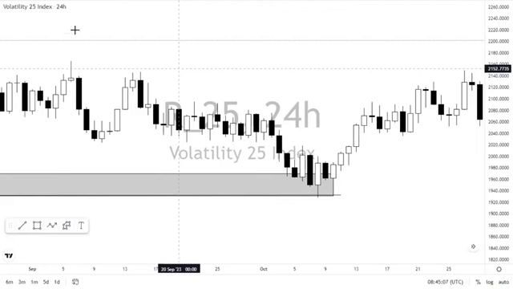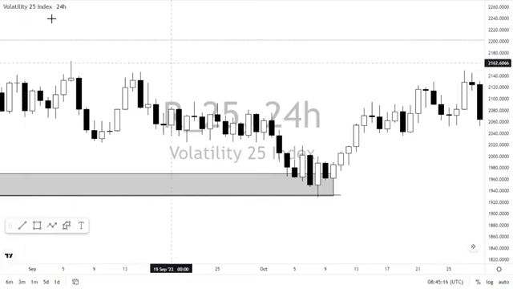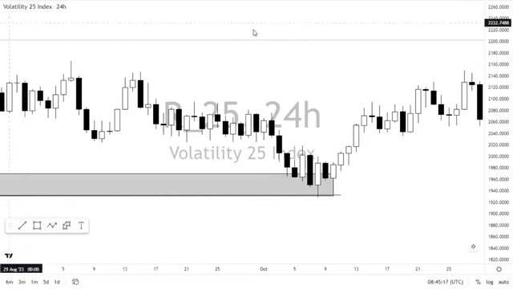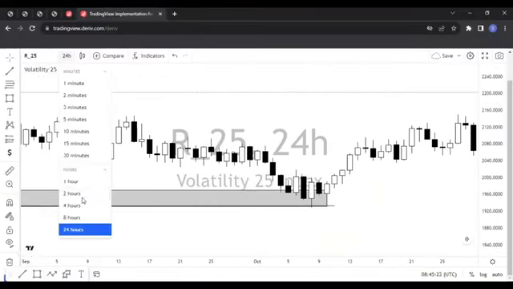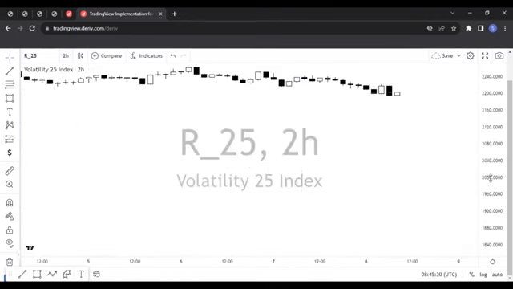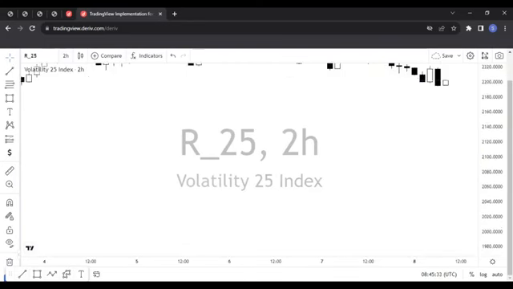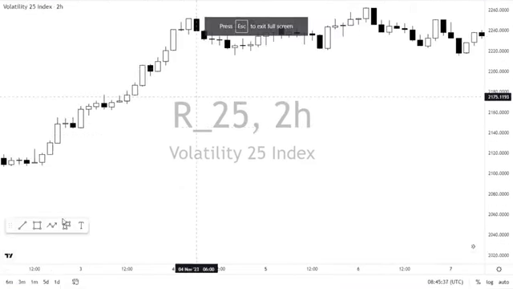If we check other time frames, let's check our 4 hours time frame. This is 8 hours, this is 24 hours. Let's just check the 2 hours time frame, and you'll notice that this particular wick has taken out a whole lot of traders.